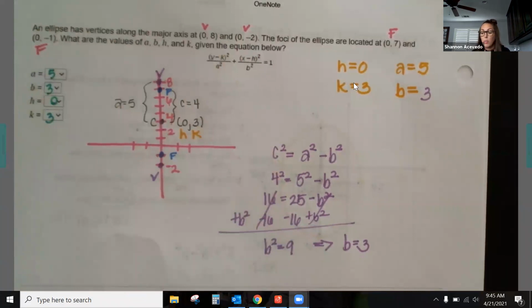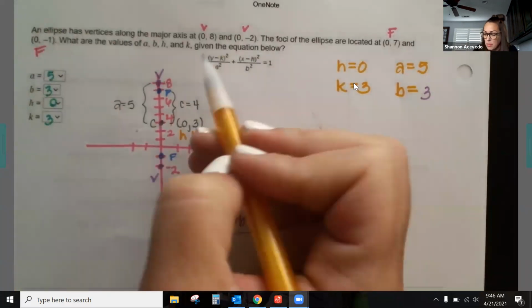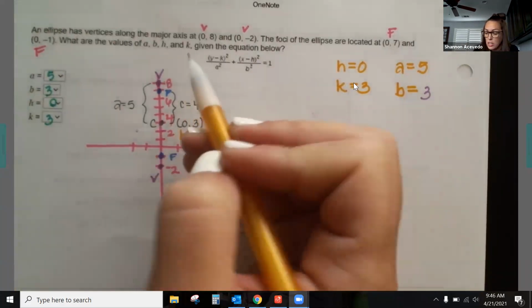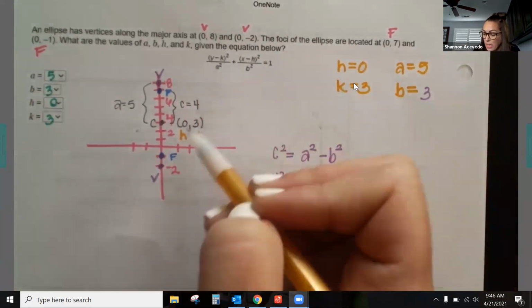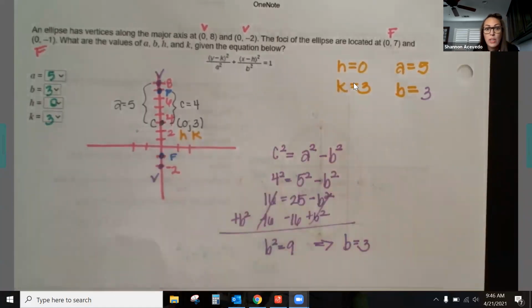Now remember, if it asked me to write this as an equation, number one mistake, and I was trying to warn you guys about this last time, notice how the Y and the X are switched. Sometimes you guys just want to plug it in as a 0 here and a 3 here because it's just in order. That's not the case.